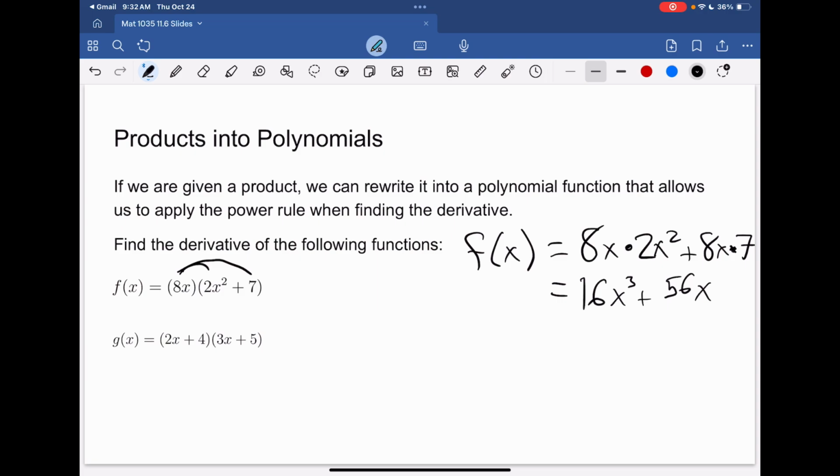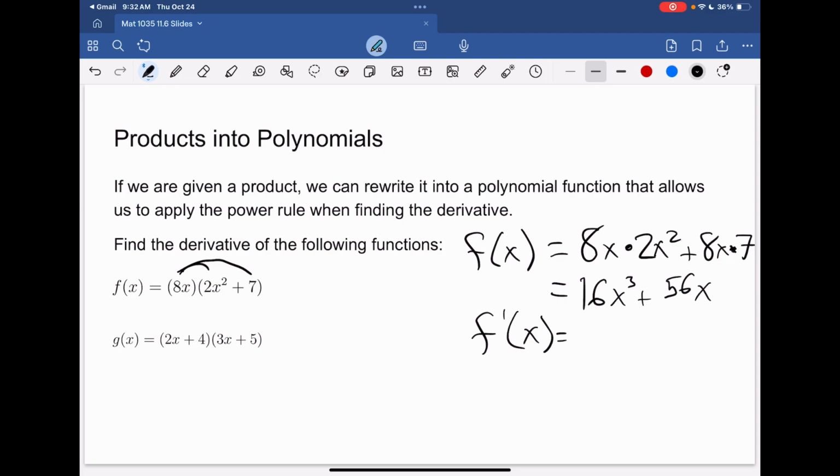Now I'm in a position that I can take the derivative of this function. I can just employ the power rule here. The power rule says that I bring my power down, so I'm dealing with the 16x cubed now.